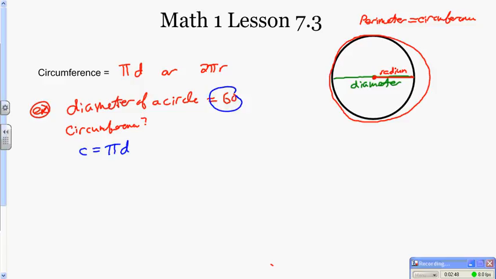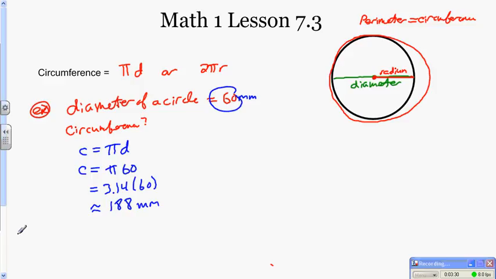We know the diameter, it's 60, so circumference is pi times 60. On your calculators, you can use 3.14 times 60, or you can use the pi symbol on your calculator, which makes it a little bit longer of a decimal, but either way, you should get about 188. I did not give you a unit. Let's say this is 60 millimeters, and your circumference is 188 millimeters.